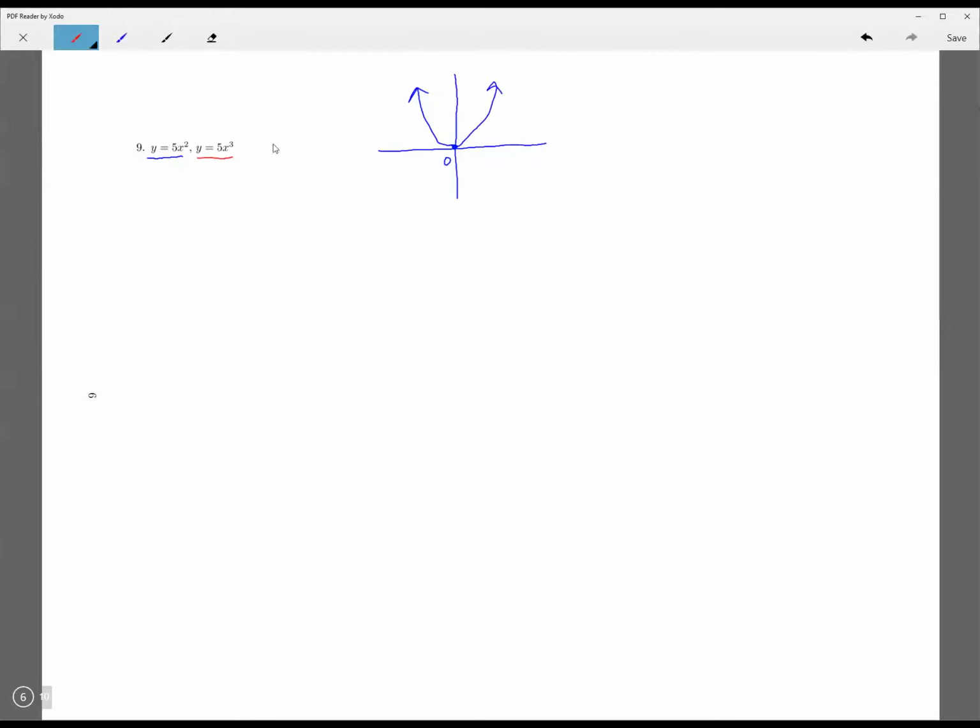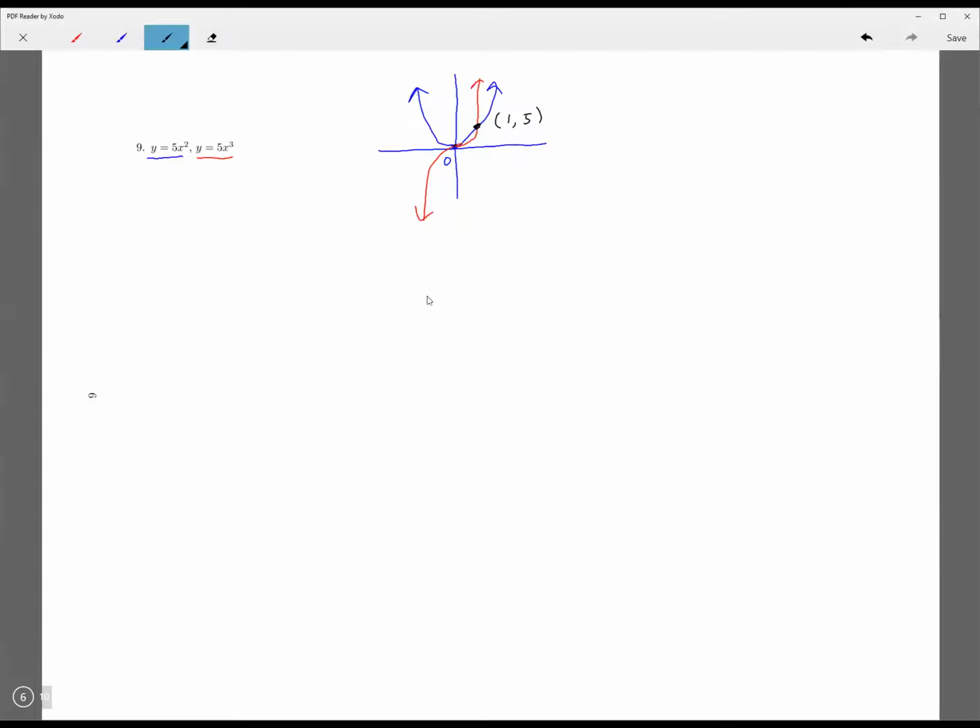And if this one's red, does it intersect at 1 as well? Yeah, probably, they'll intersect here, 1 comma 5. So when x is 1 and y is 5, they intersect there and there. Oh, 2 places? I thought I was just going to have to do 1 calculation, but no, it's 2.